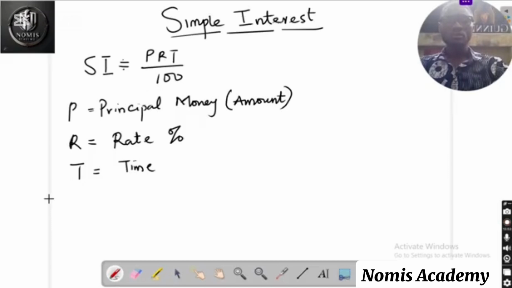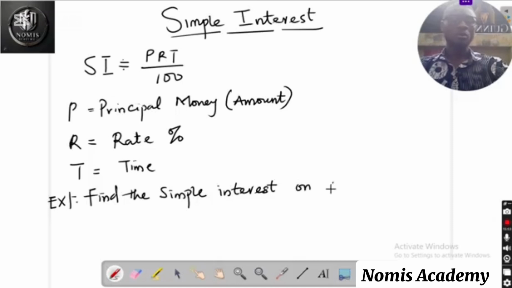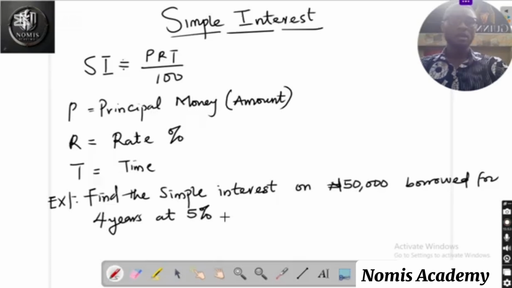Example number 1. Find the simple interest on 50,000 naira borrowed for 4 years at 5% per annum.